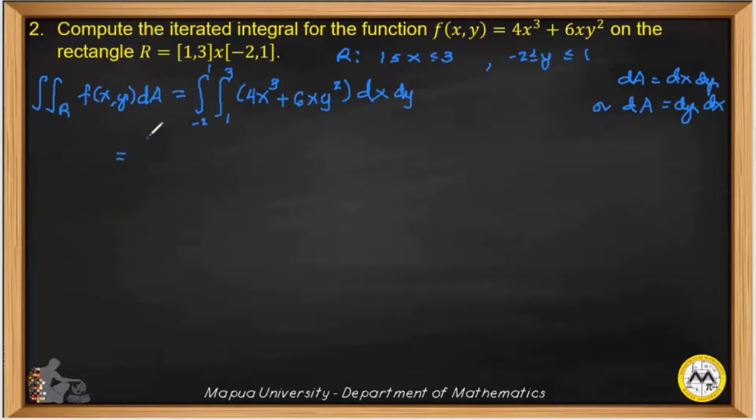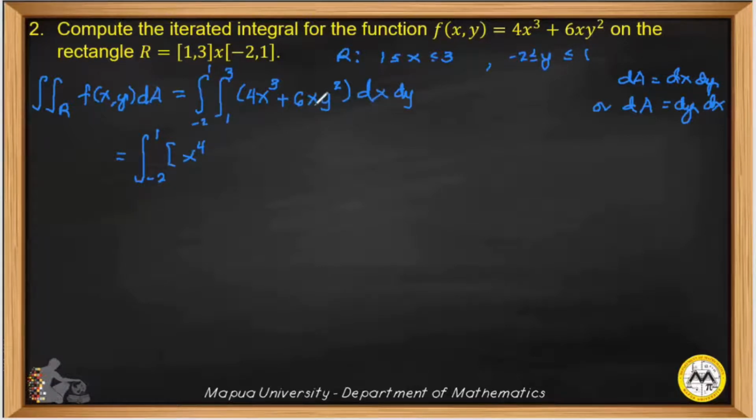Hence, this gives us the integral from -2 to 1. The integral of 4x cubed dx is 4x to the fourth over 4, or simply x to the fourth, since the 4 will cancel. And in here, 6y squared is constant, since y is temporarily held as constant while we are evaluating the integral in x.